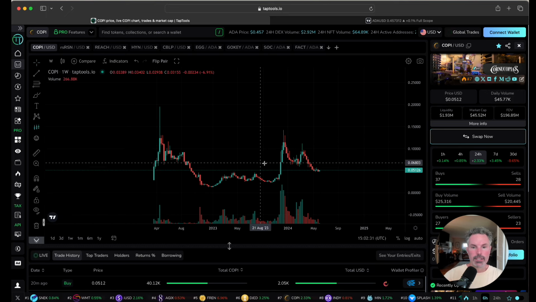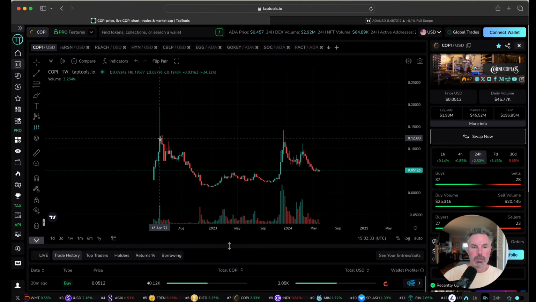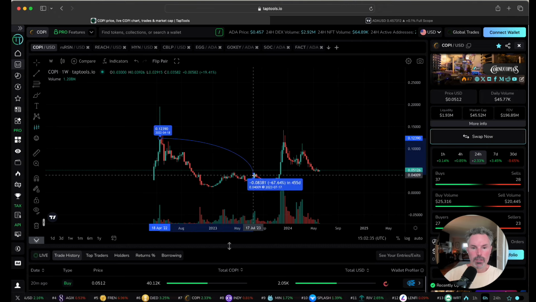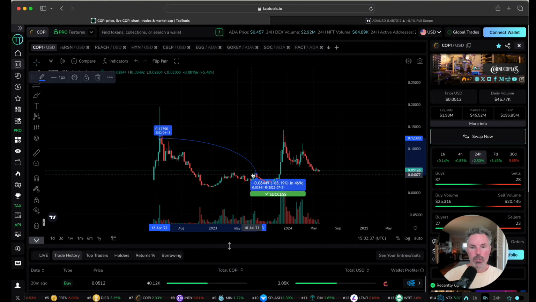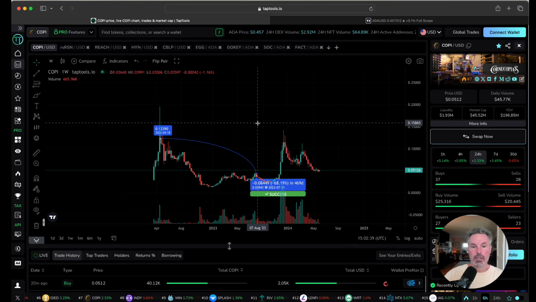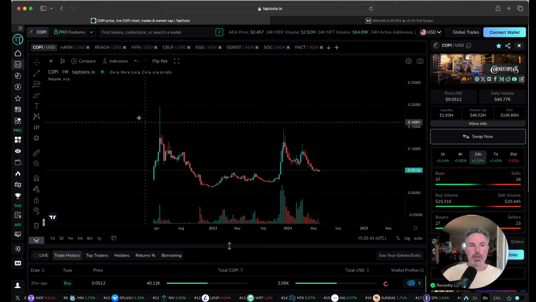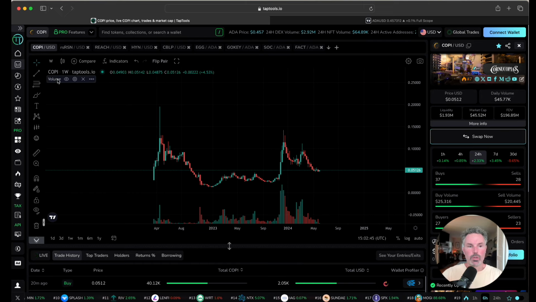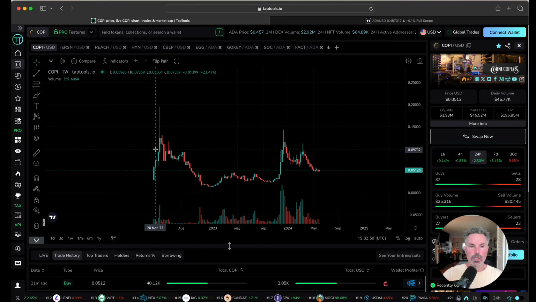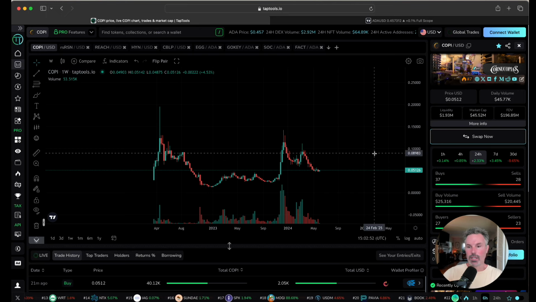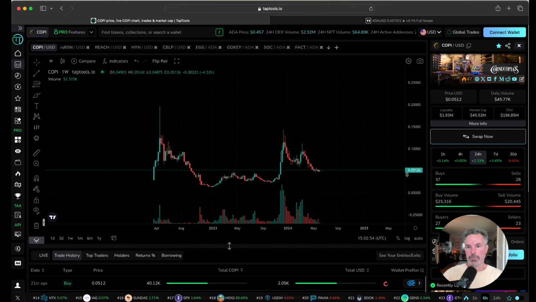So now we're at Cornucopias here. This isn't the chart of Cardano, but what it does is it shows you the Cornucopias chart against the price of ADA, all right?